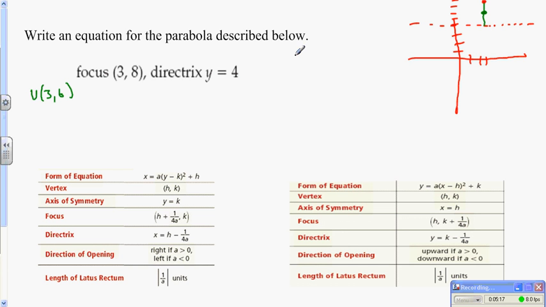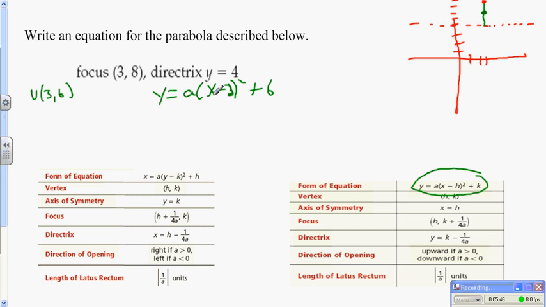Alright, now that helps us because that tells us, first of all, we know that it's going to open upward, which means it's going to be this form. That's vertex form. So I can have y equals a(x minus 3), opposite of what that is, squared, plus 6.